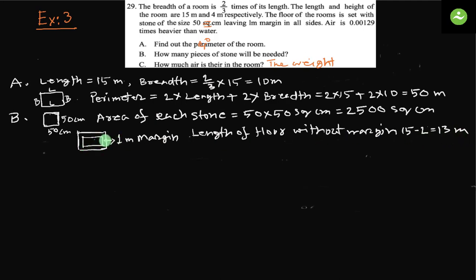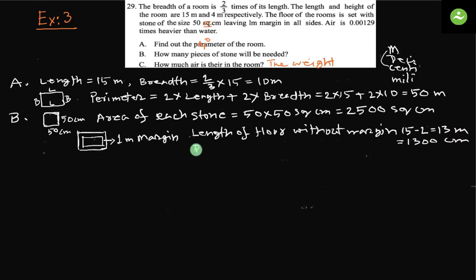If we deduct 1 meter on the right and 1 meter on the left, the length will be 13 meters. We need to convert it to centimeter, because the size of the stone is given in centimeter. From meter to centimeter, you have to multiply by 100. Means 1300 centimeter.